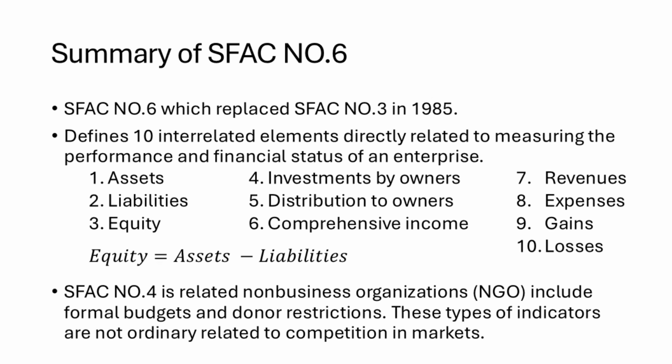Number six, comprehensive income is the change in equity, or you can say the net assets, of a business enterprise during a period from transactions and other events and circumstances from non-owner sources.